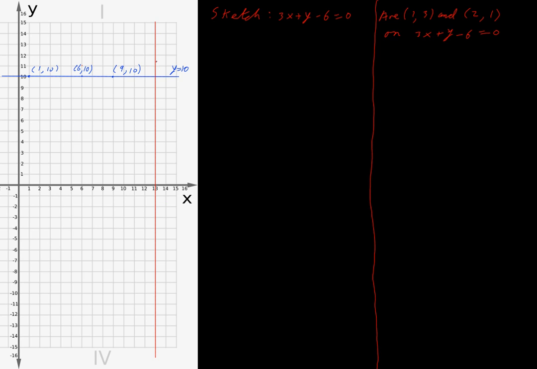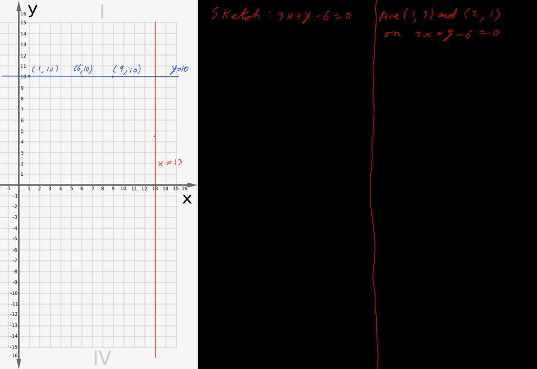Likewise, if we look at this vertical red line, what's true about all of the points on this line? Following the same argument, what is common to every single point along our line is that x is always equal to 13.